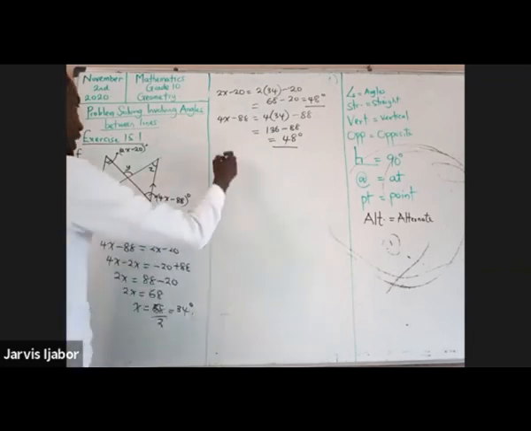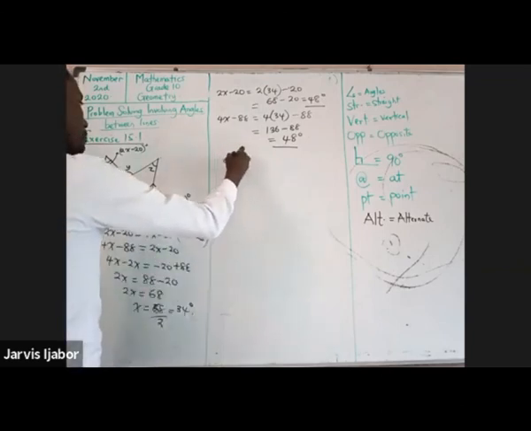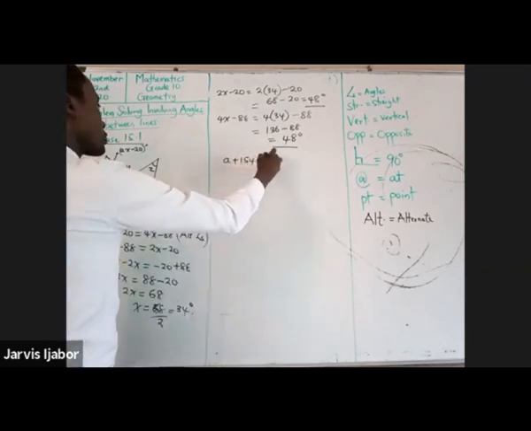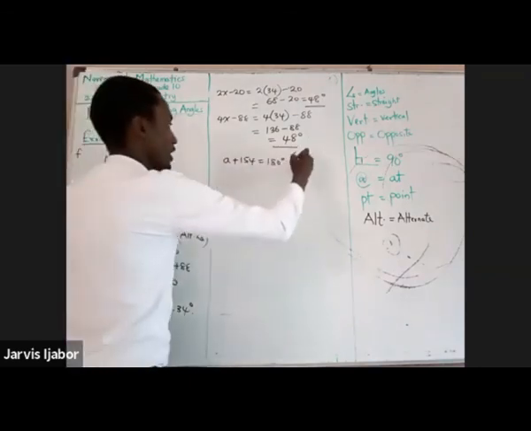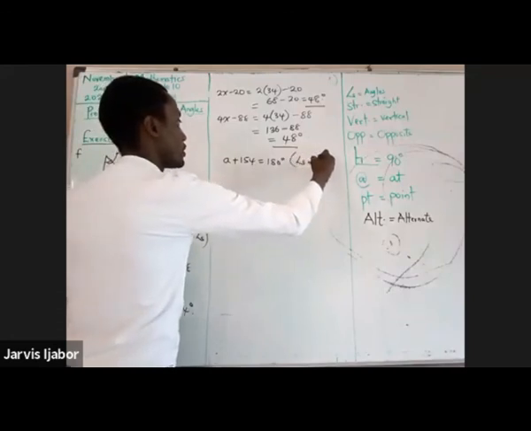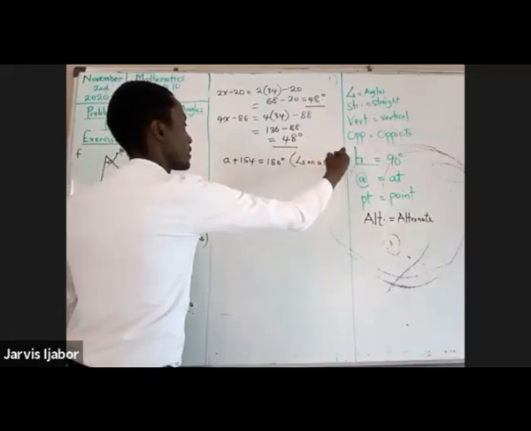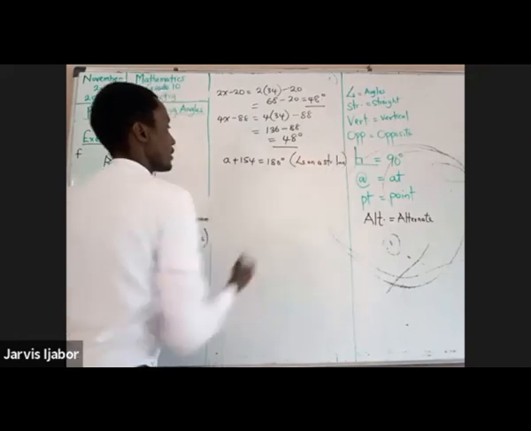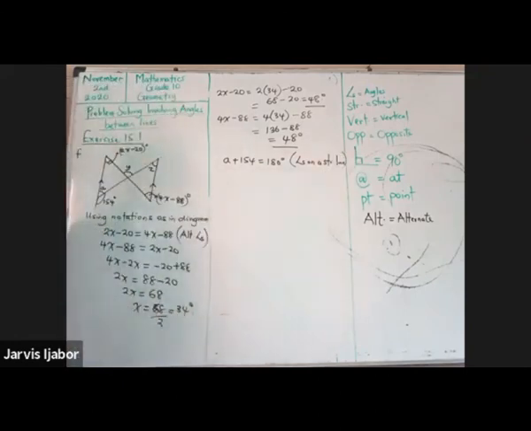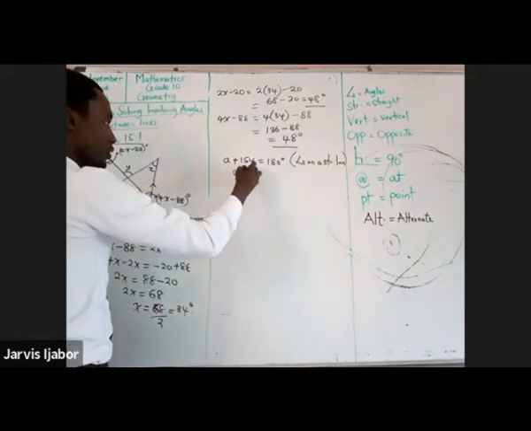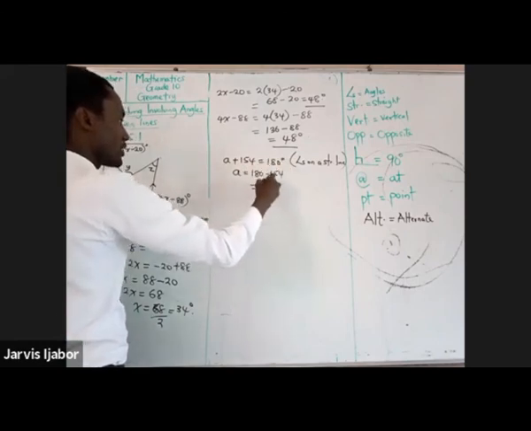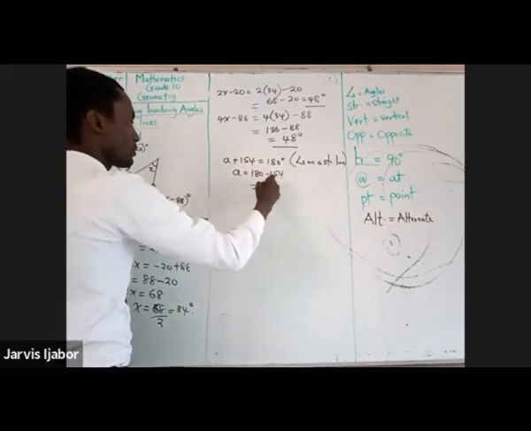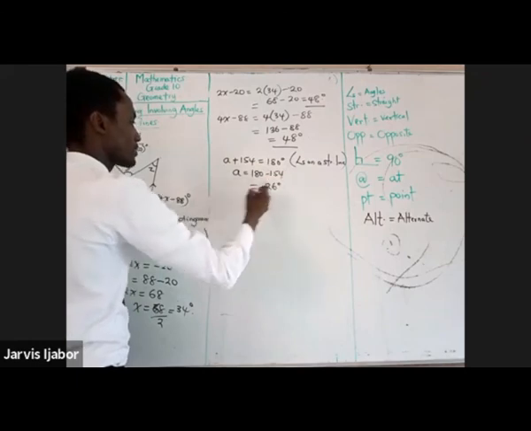So now, with that said, look at this, a plus 154 will be equal to 180 degrees. What's the reason for that? Angles on a straight line. The angles on a straight line sum up to 180, meaning that a will be equal to 180 minus 154. That will give me 26 degrees.